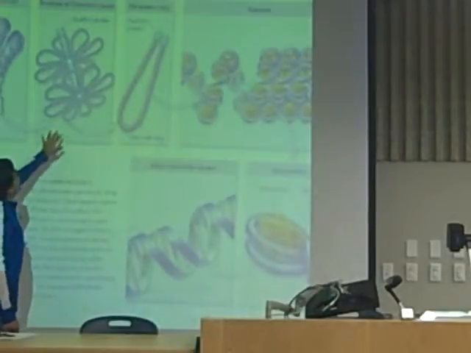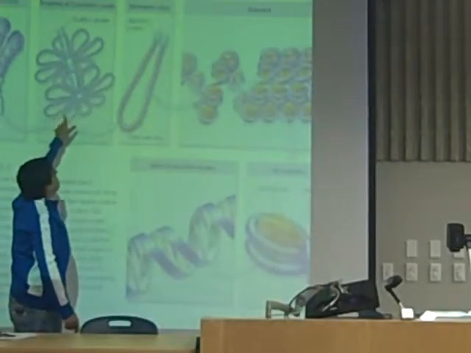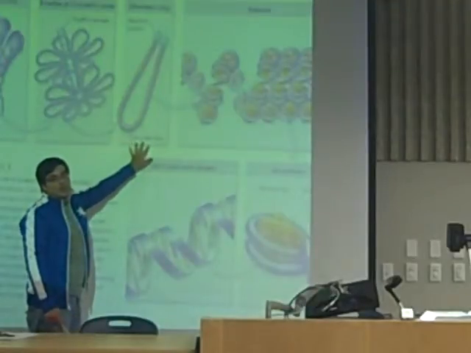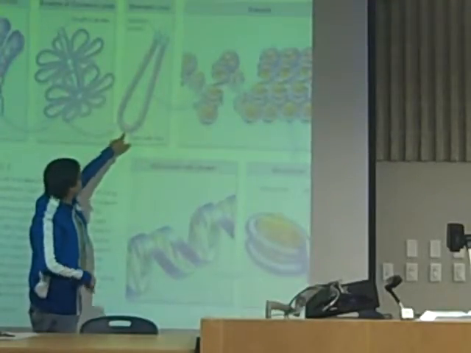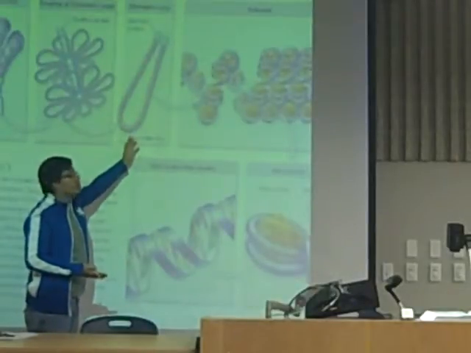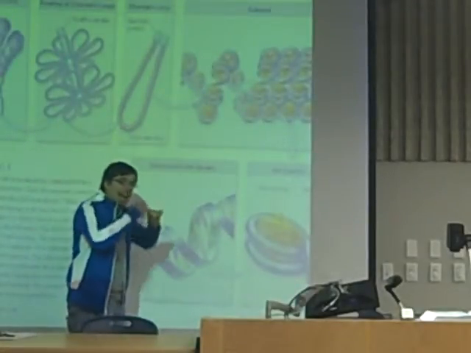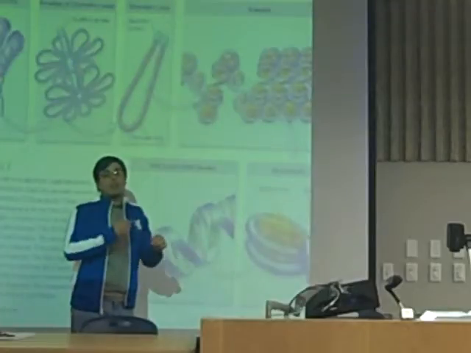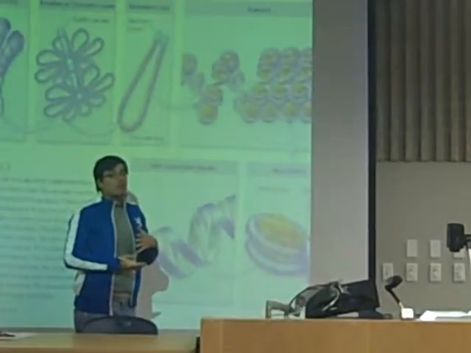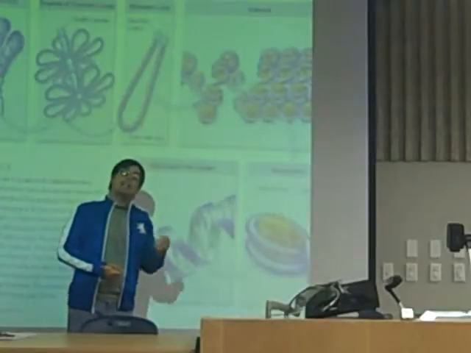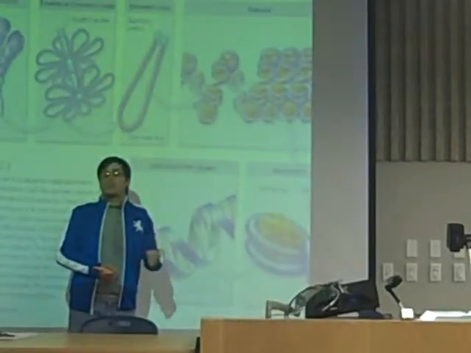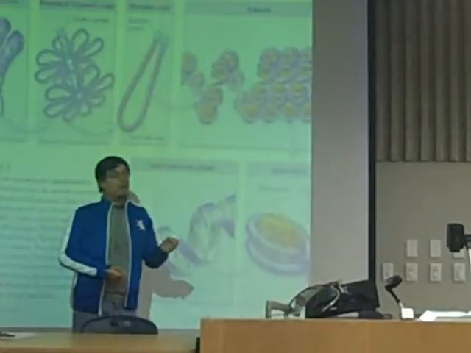In each of these rosettes, we have several chromatin loops, which are just really highly condensed chromatin, and that's basically what a chromosome is. This DNA is highly condensed around structures called histones.